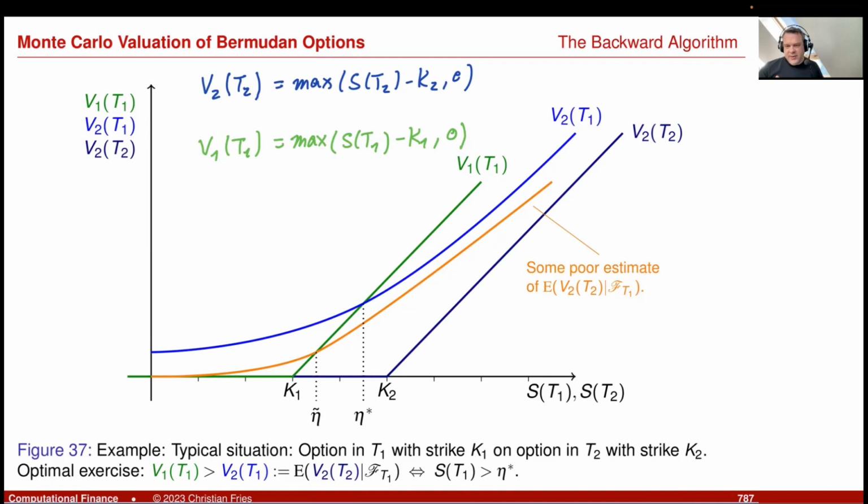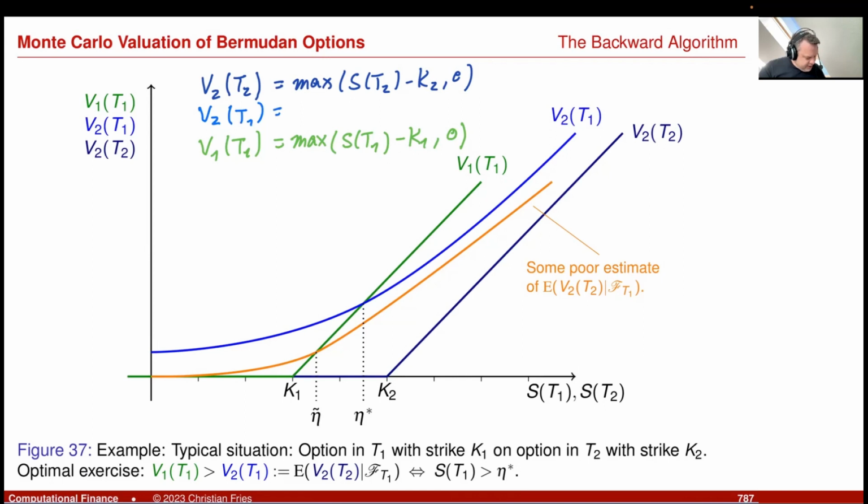The strike may be different, so you see here the strikes are a little bit shifted. Well, this value here has to be compared to the value of this seen in t1, so to the expectation. So I have to compare this to v2 observed in t1.